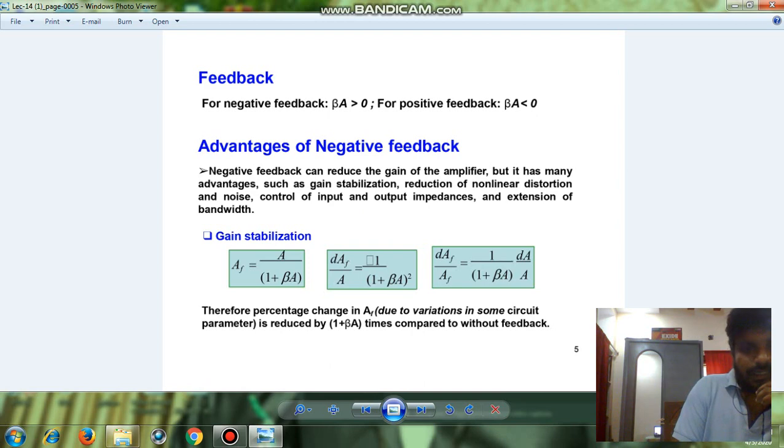One more important thing, input and output impedance can be controlled by using negative feedback. And lastly, there is an extension of bandwidth. Taking all this into consideration, we conclude that negative feedback is very essential and very useful in designing, as a correction mechanism.